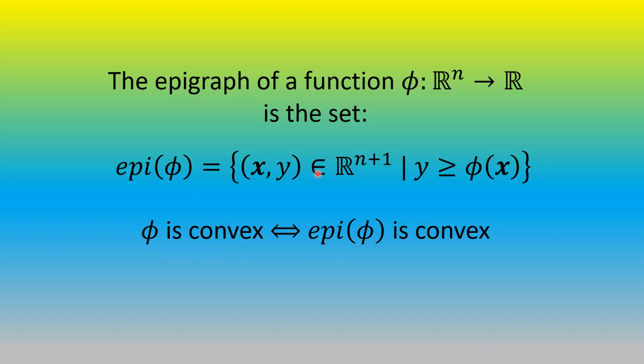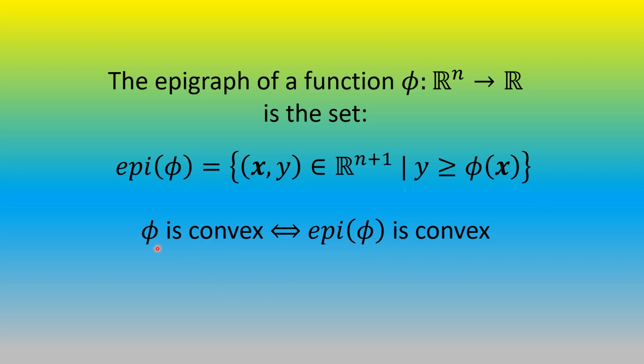Therefore, they're a member of Rn plus 1, such that scalar y is greater than or equal to phi of x. So you can imagine a U-shaped convex graph, and the epigraph of that graph is all points above that U-shape.